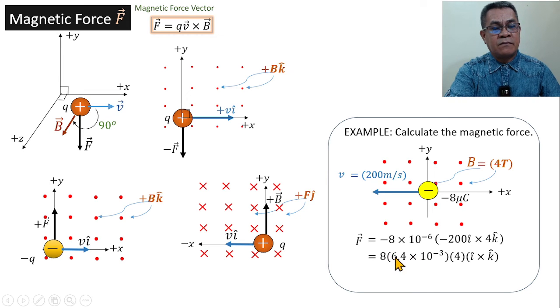This should be 8 times 10 raised to negative 6 times 200 times 4, and this is i cross k.